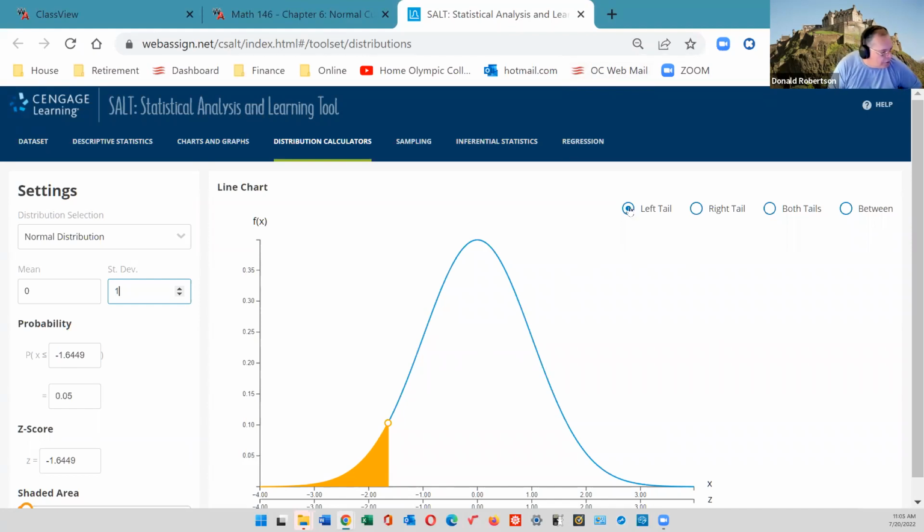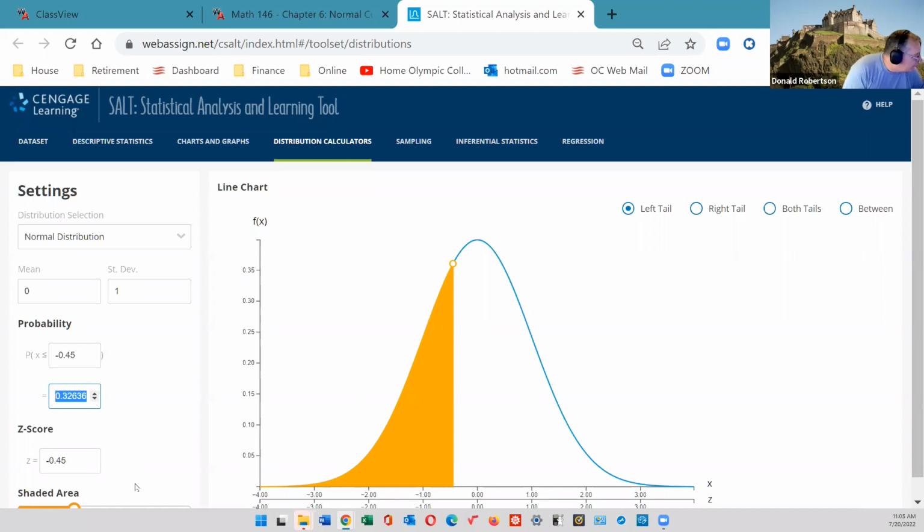Right. Left tail, that's for left. Go down here and make this negative 0.45. Not 10.45. Negative 0.45. You even see a little picture of it. And that guy there is your answer. So the area is 0.3263.